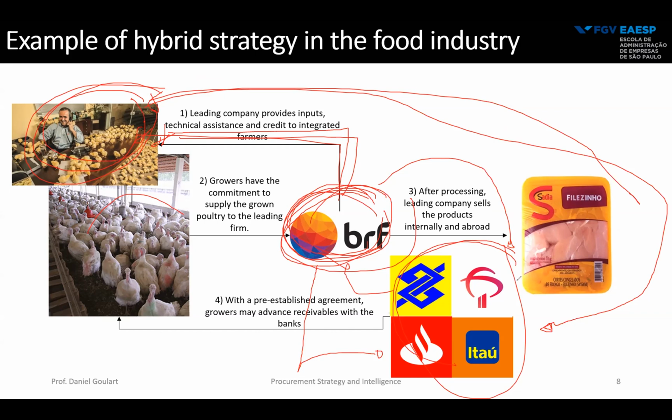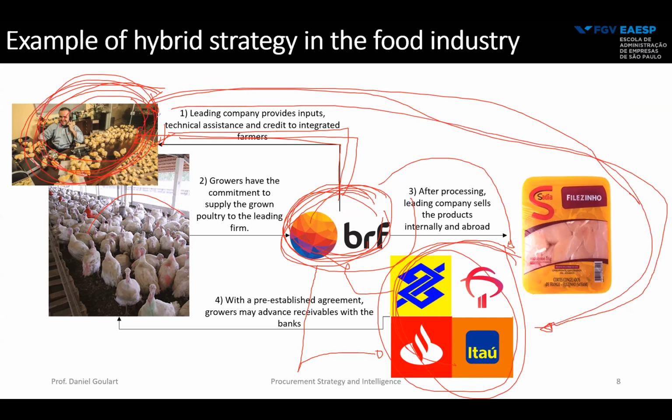As BRF has a bank account in those banks, on the due date, if the money that the bank lent to the farmer is not paid, the bank goes to the BRF bank account and just picks the money. It's automatic.